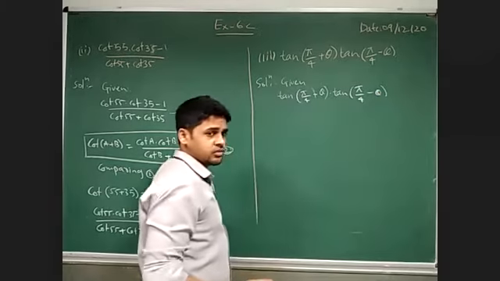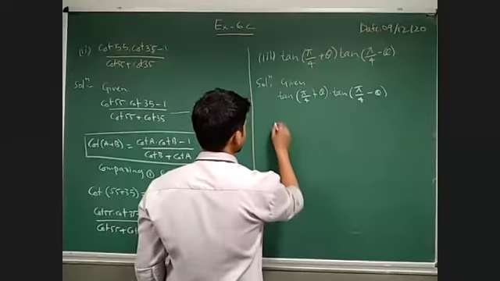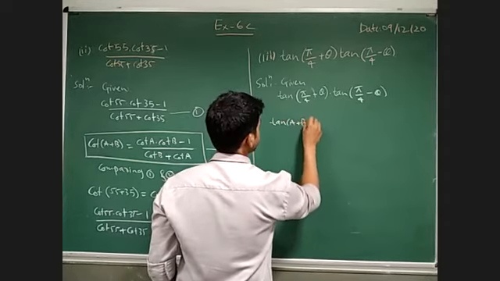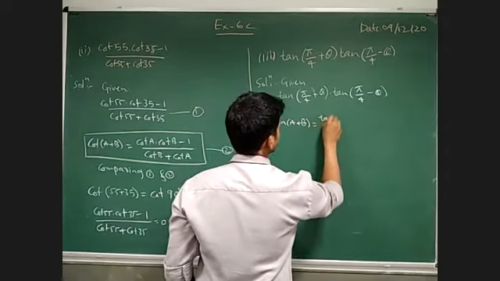One formula we already know, tan (a plus b) is (tan a plus tan b) upon (1 minus tan a tan b). This is the tan (a plus b) compound angle formula. So I'm going to use it here.